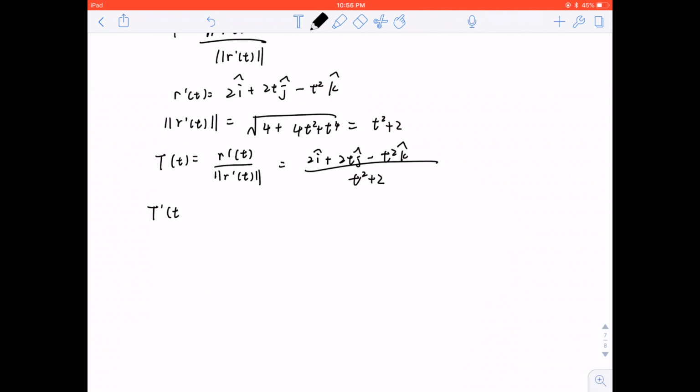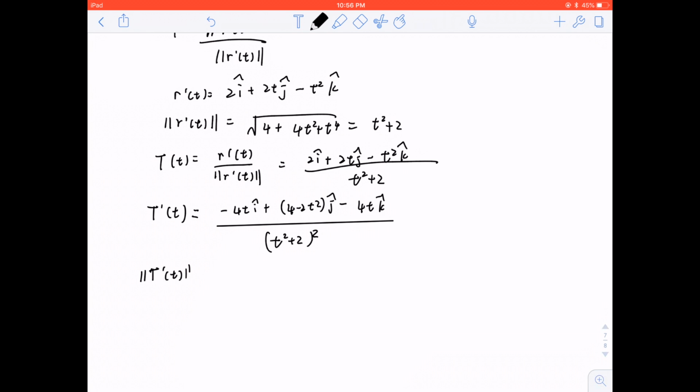And its derivative is negative 4t i plus (4 minus 2t squared) j minus 4t k, divided by (t squared plus 2) squared. And its magnitude is just 2 over t squared plus 2.